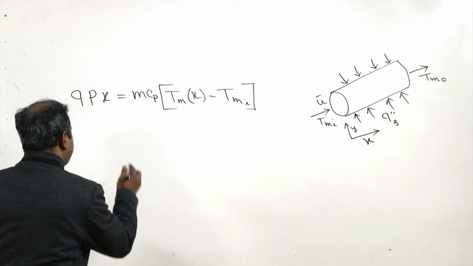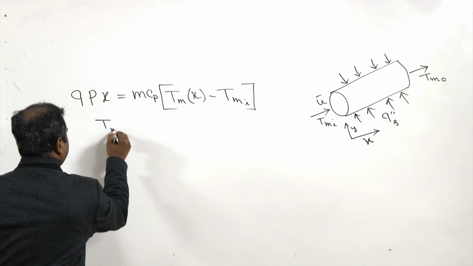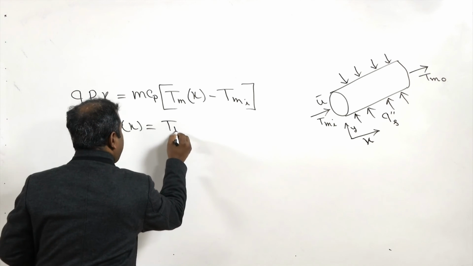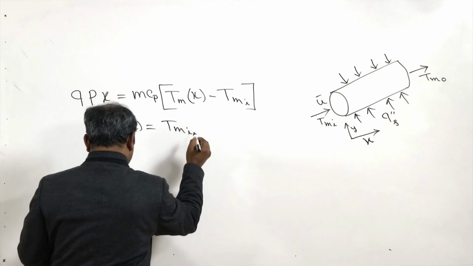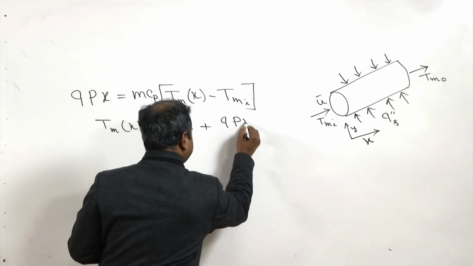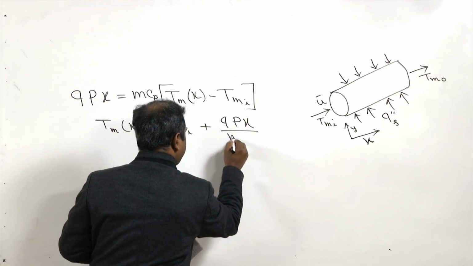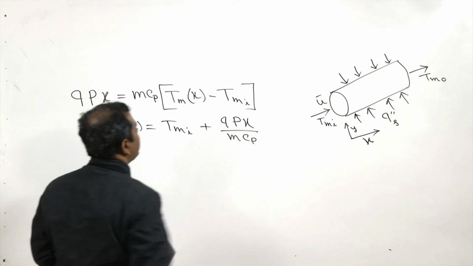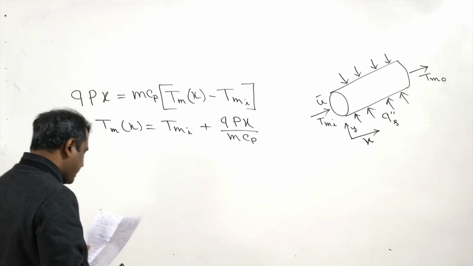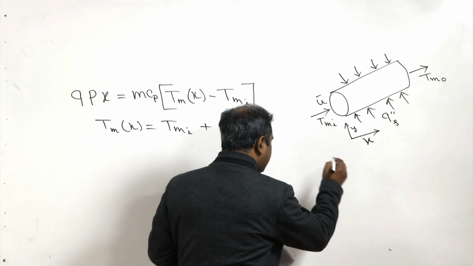If you continue from here, we can write down Tmx is equal to Tmi plus QPx by m into Cp. So, this we have seen. Now, from the other hand, let us say we try to find out from heat transfer.